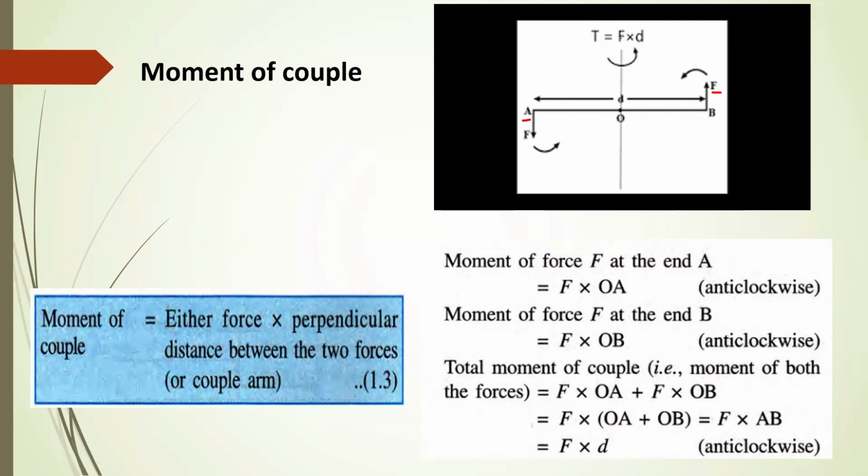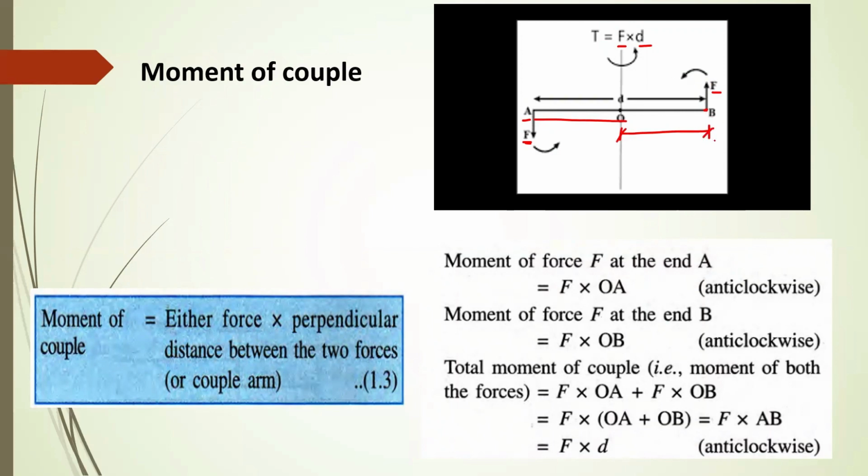So moment is equal to force into the perpendicular distance. Here my force is F and the perpendicular distance is OA. That is going to rotate this rod in anti-clockwise direction. Then at end B, I'm applying a force F with a perpendicular distance OB, and that is also trying to rotate it in anti-clockwise direction.